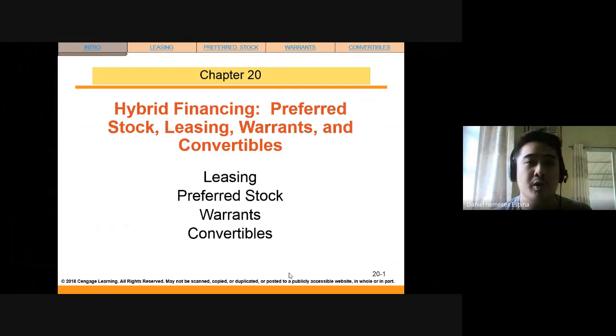Because the most important thing about the assets that we buy is the usage. Okay. So every time we purchase a building, delivery equipment or machines, it's actually the usage that the business can benefit from, and not really the ownership of those assets.